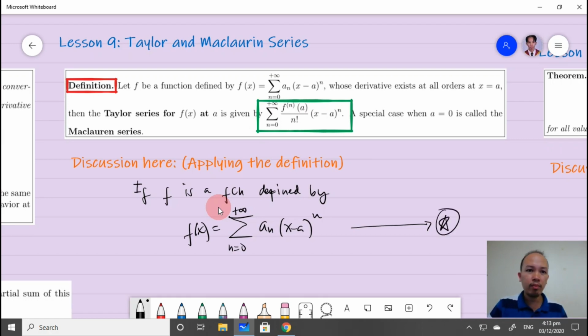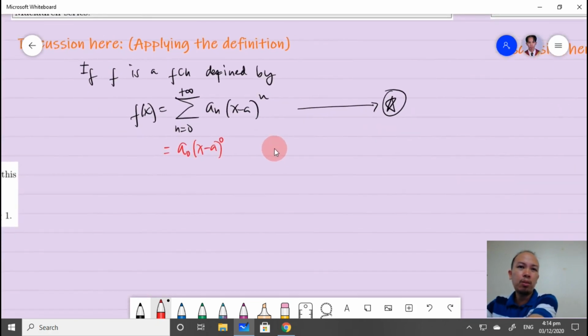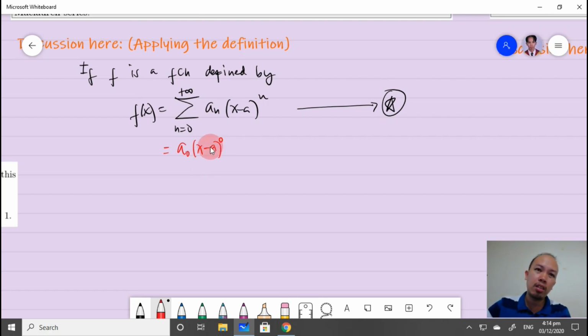If we expand this, we can write this as a sub 0 times (x minus a) to the 0. We know from the previous discussion that this is 1, whenever x is equal to a also. Although we have 0 raised to the power of 0 here, we define this as 1.